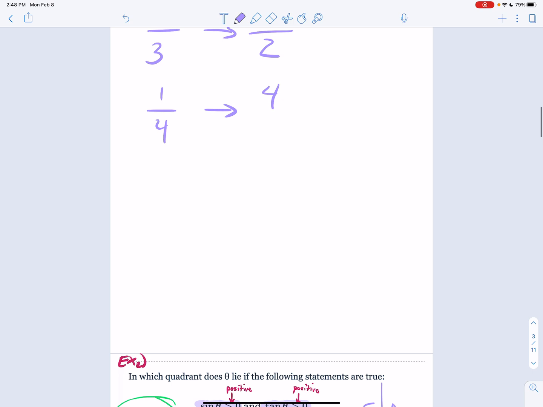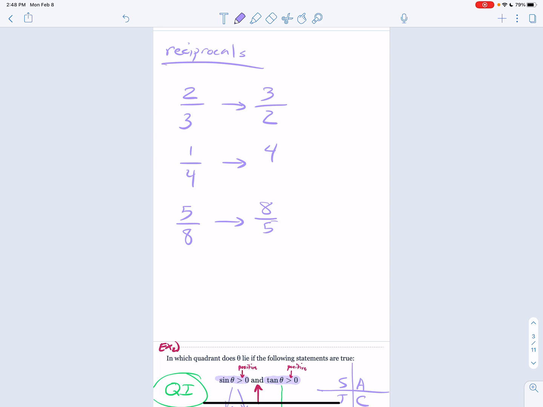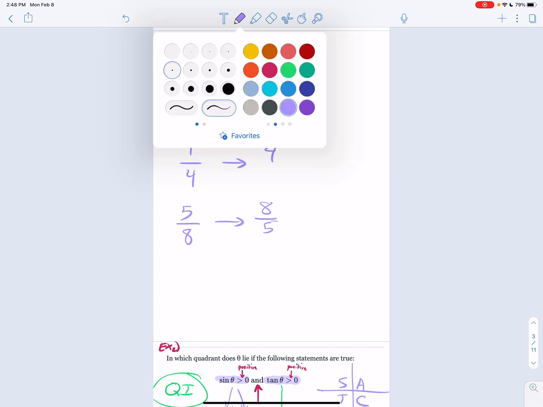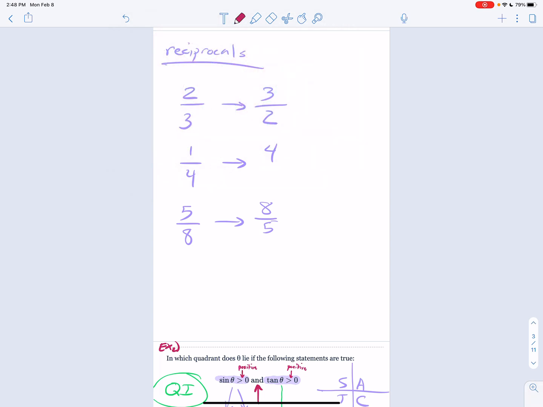Okay. 5/8, the reciprocal is 8/5. Okay. Let me do some more now. -5/4. The reciprocal there is 4/-5. Okay.